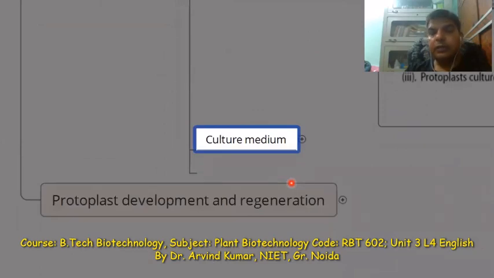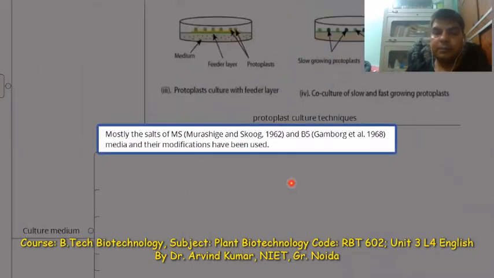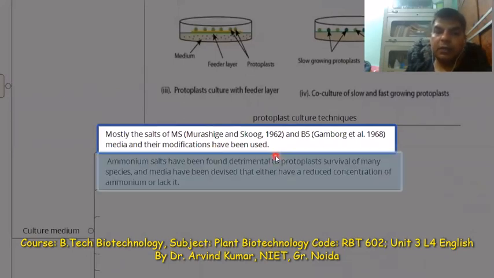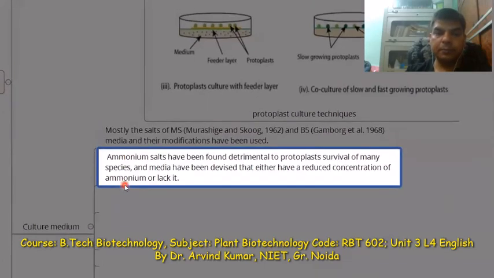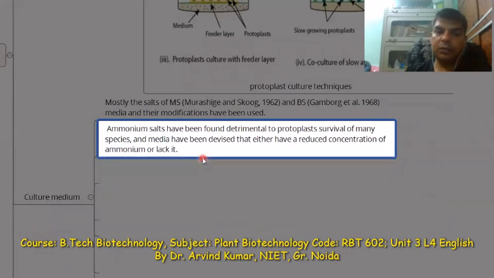Okay. Second technique is the culture medium. So what culture medium is there? Of course, mostly it is Murashige and Skoog medium and the B5 Gamborg medium that we use for culturing the protoplast. Second is the ammonium salt, which has been found detrimental to protoplast survival for many species, and media have been devised that either have a reduced concentration of ammonium or lack it.